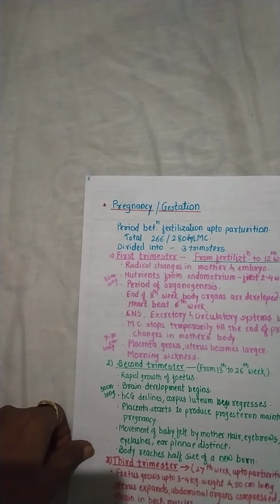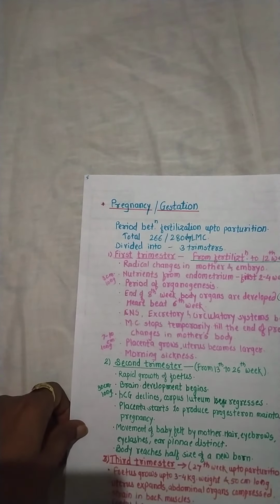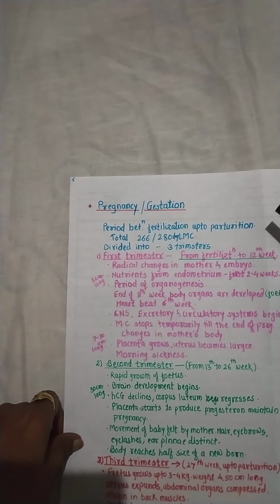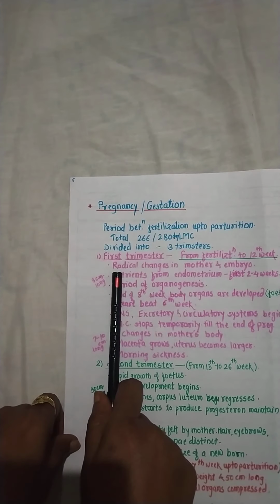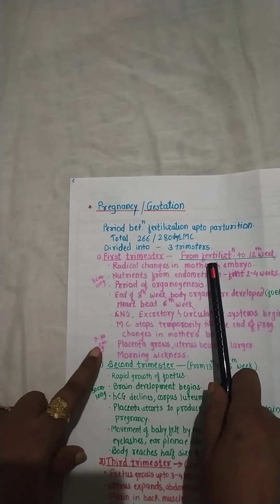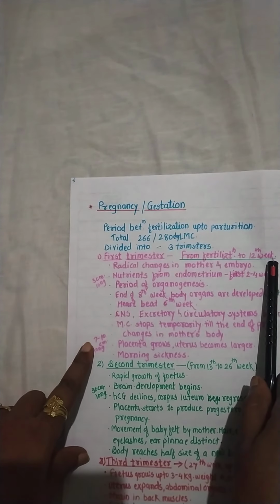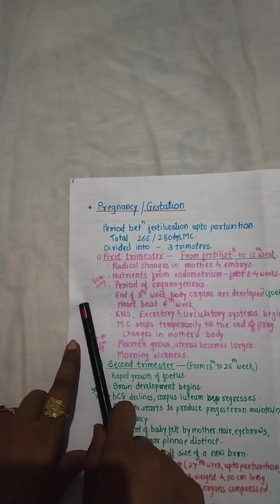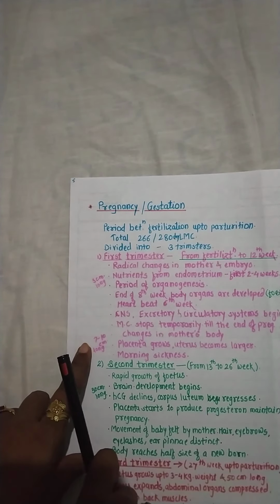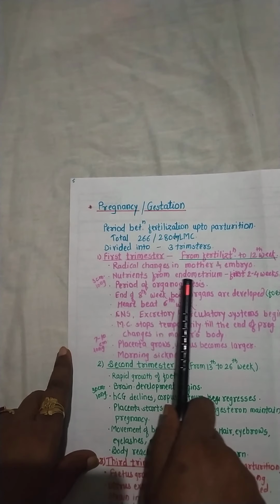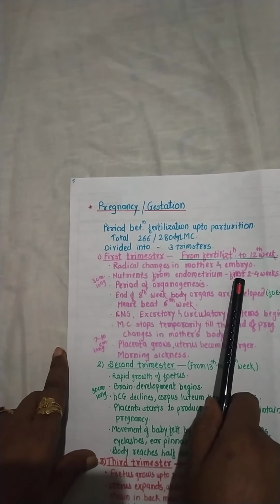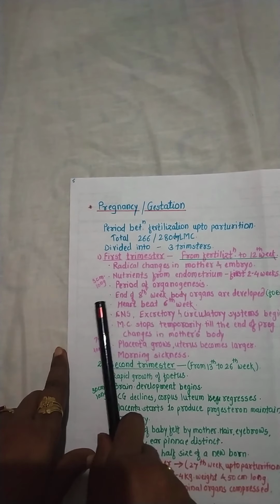It is divided into 3 trimesters of 3 months each. The first trimester starts from fertilization to the 12th week. During that stage, radical changes in the mother and embryo take place. Nutrients from the endometrium are absorbed up to the first 2 to 4 weeks.